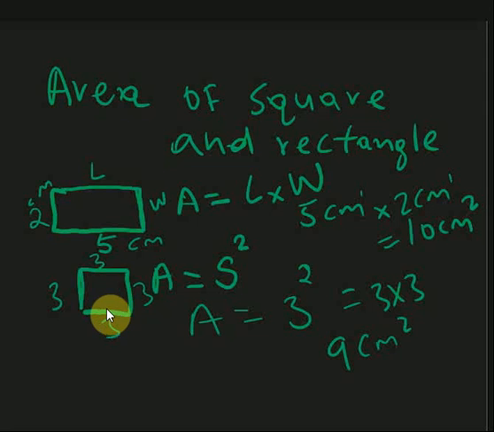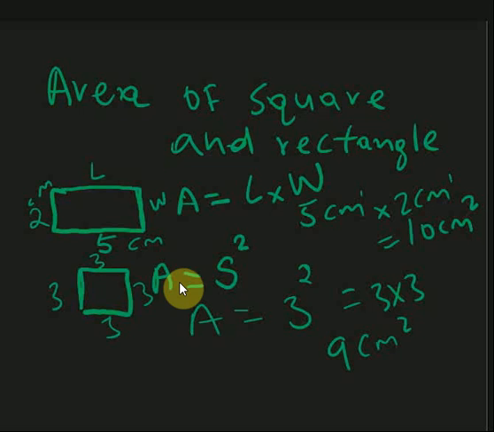What about the square shape? A square, all sides are equal, but what we do is square the side. Let's say 3 squared gives you all the sides. Or you can do 3 plus 3 plus 3 plus 3, but that's only for perimeter.